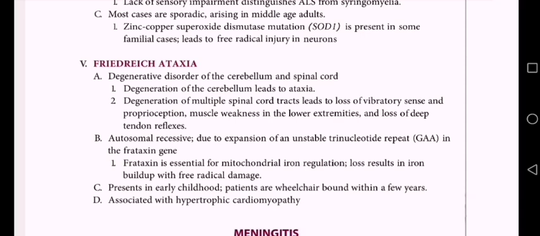Loss results in iron buildup with free radical damage. It presents in early childhood. Patients are wheelchair-bound within a few years, associated with hypertrophic cardiomyopathy. So this is all about the spinal cord lesions.